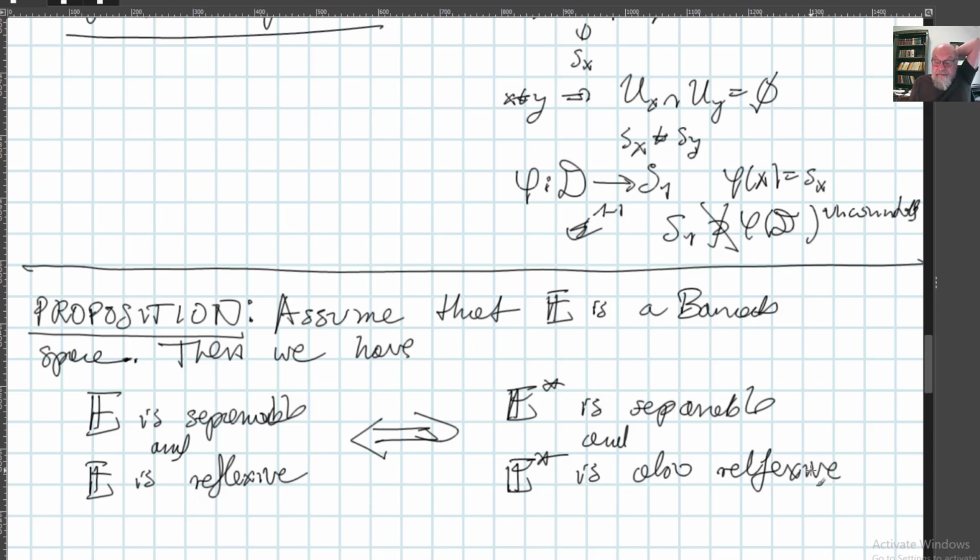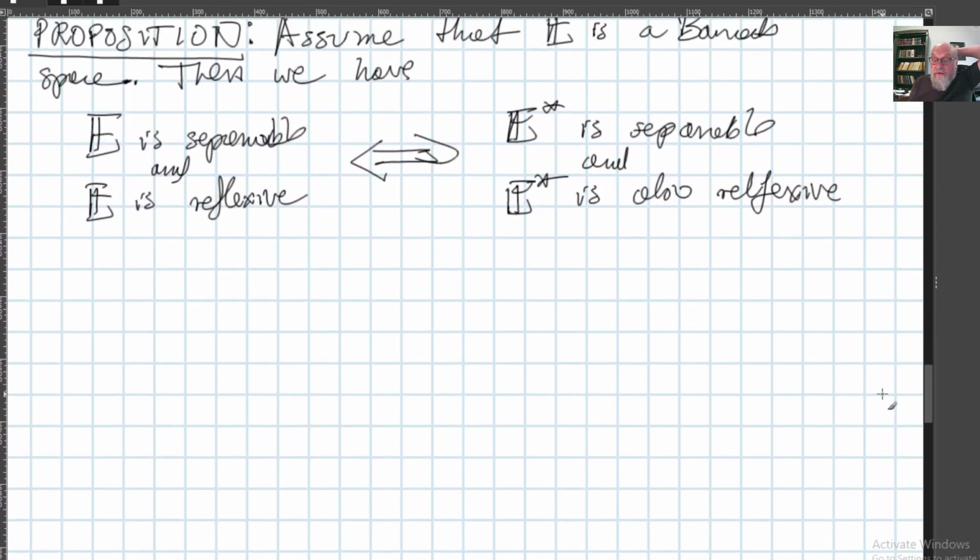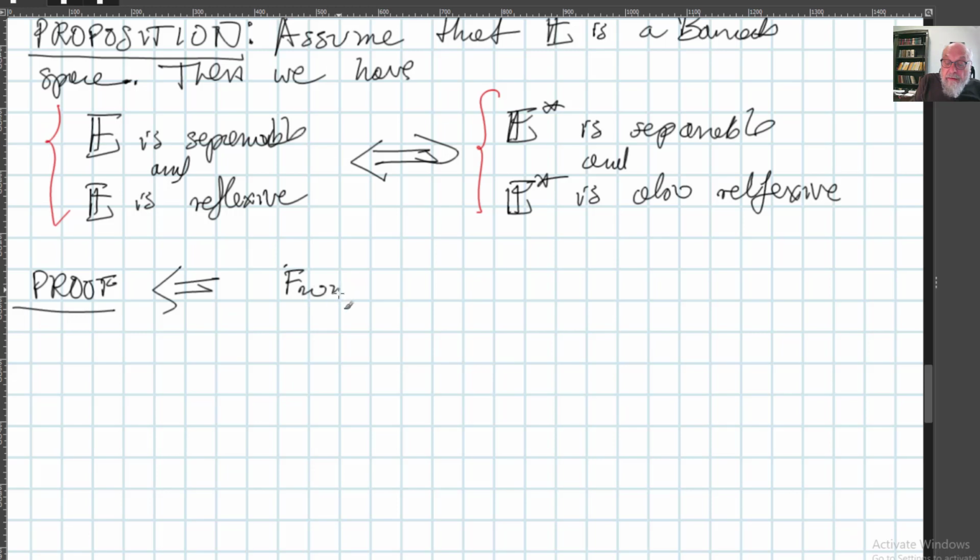So we already know that E is reflexive if and only if E star is reflexive, so there is only the question of proving the separability part. Proof: the way for separability comes from the theorem.